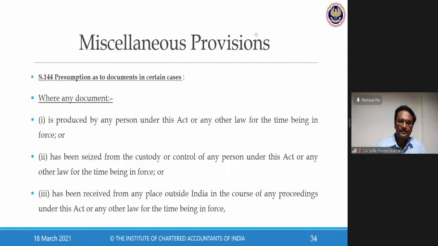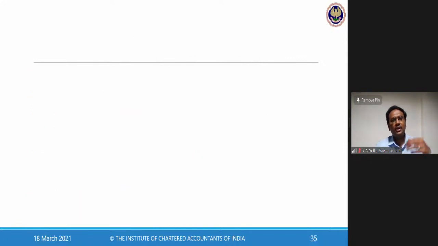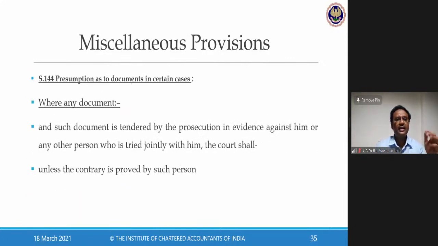When any of these documents are recovered and tendered for prosecution, it shall be presumed that it is evidence which has been obtained against you or in favor of you.